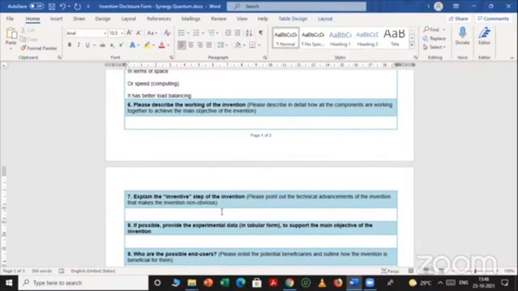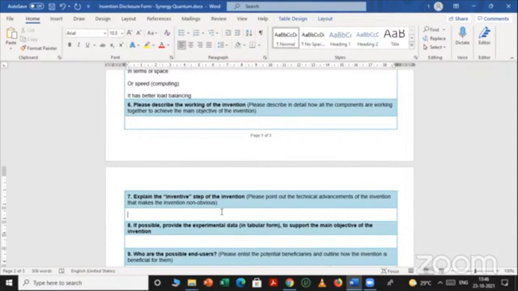Now, the cart is an invention which has 3 wheels. Suppose somebody uses a 4th wheel and now calls it another type of cart, saying it is a much more advanced version than the 3-wheel cart. So here the 4-wheel cart is an obvious invention.